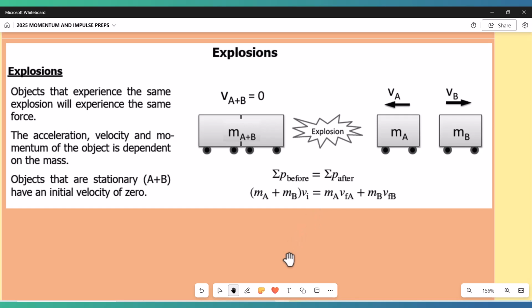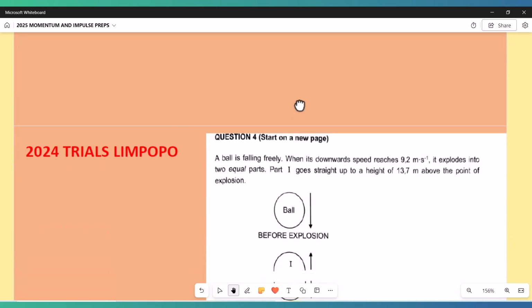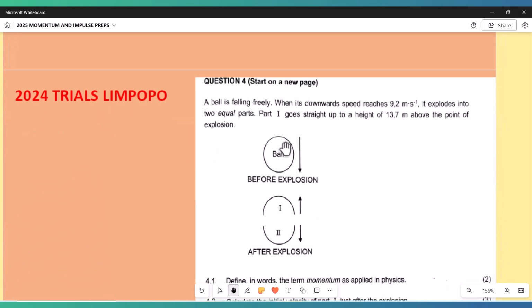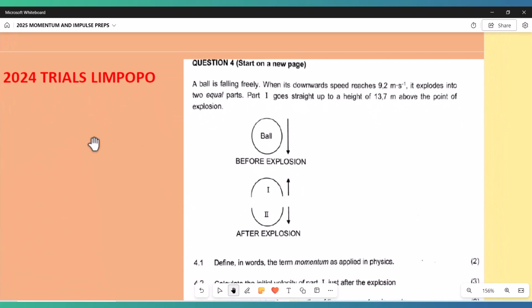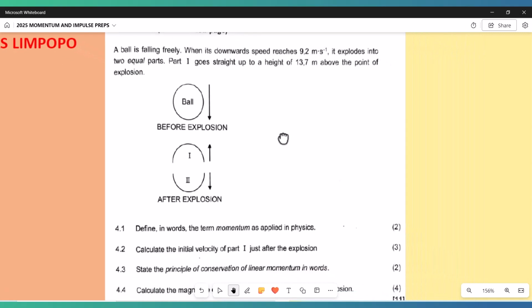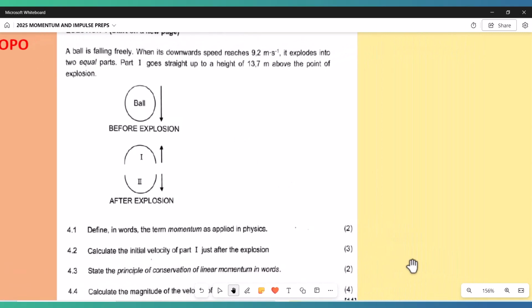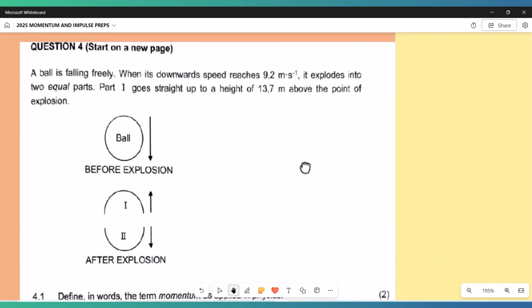Let's have an example here for this matter. This was done in Limpopo, last year's 2024 trial. Let's work it out together. Perhaps it will make more sense to us. Let's say that a ball is falling freely. When its downward speed reaches 9.2 meters per second, it explodes into two equal parts.